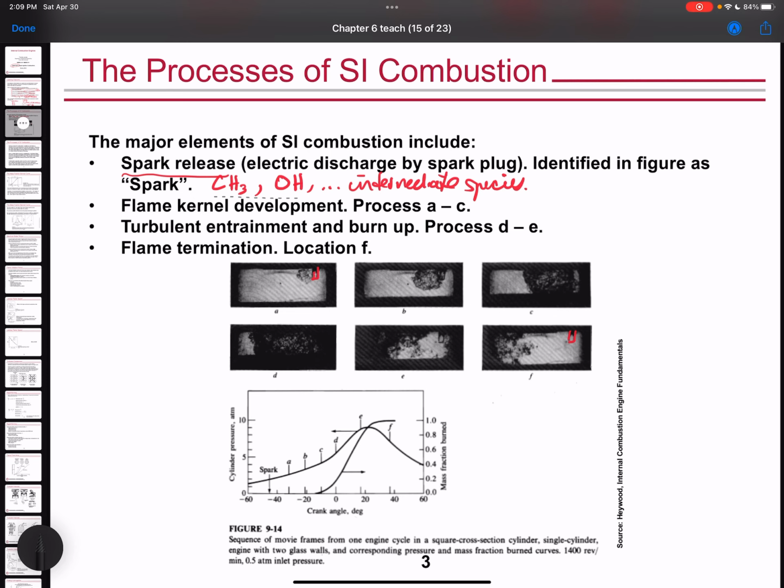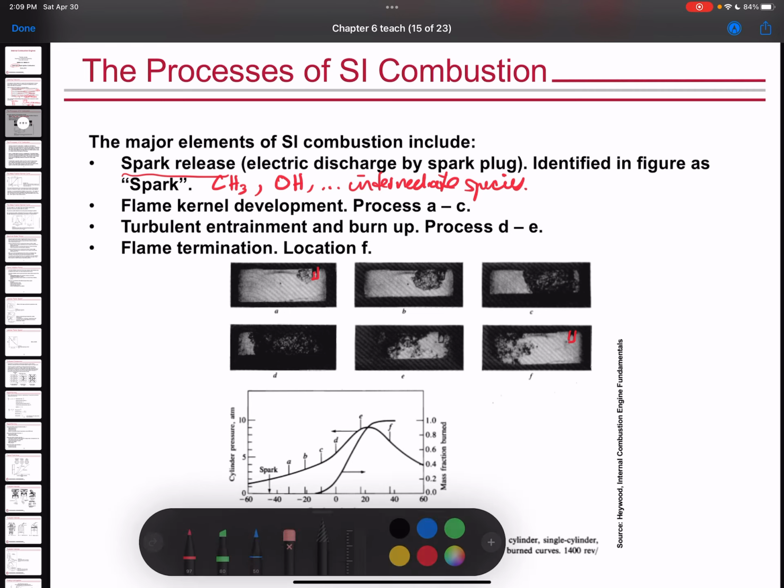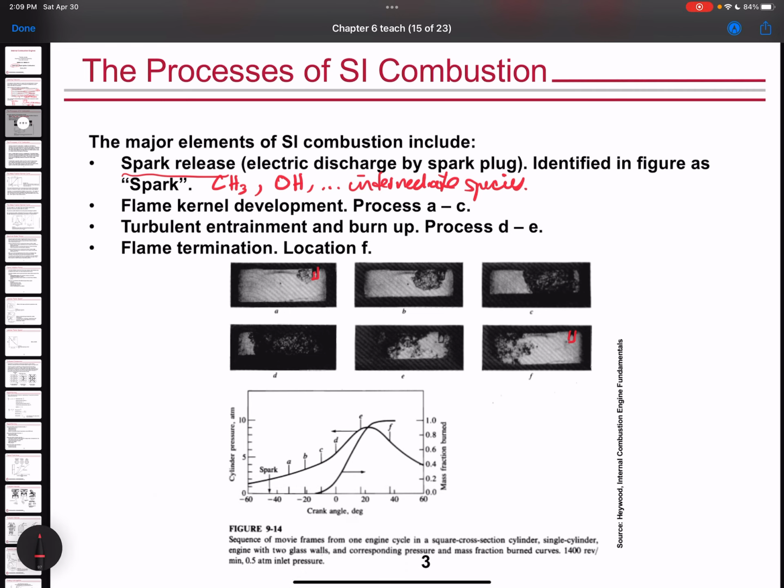And that's basically where these various radicals and intermediate species get formed, during this flame kernel development phase. Okay, and we'll oftentimes also refer to this as the flame initiation period, and that's actually the language that I'll probably mostly be using as I go through this analysis of spark ignition combustion.